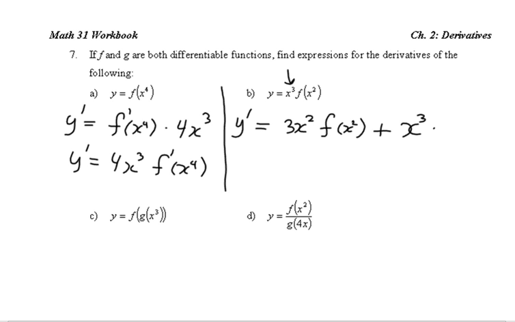And then for the second function, how would I write its derivative? I just have to write f prime of x squared. But it's nested, so I have to follow it with the derivative of the g of x, 2x. Is there any simplification possible? Well, in the second term, there's a little bit.